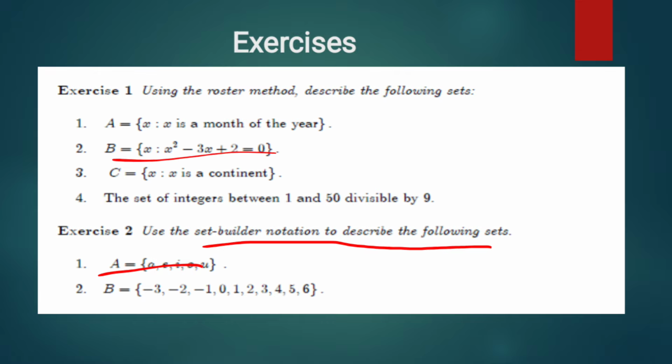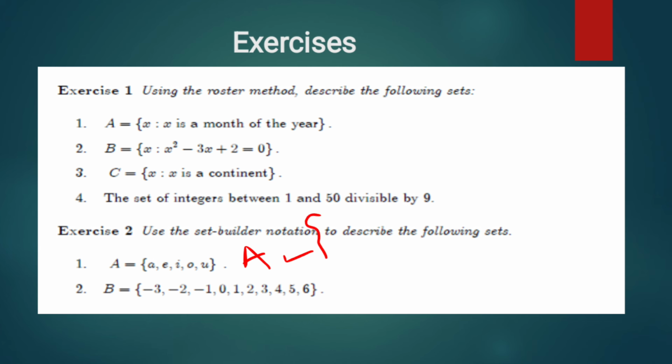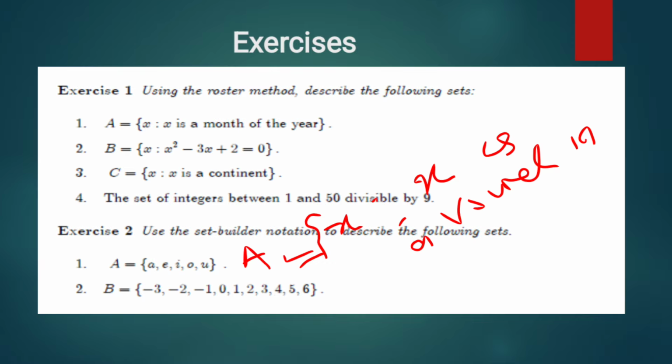So for number one, A is equal to X such that X is a vowel in the English alphabet, and then you close the bracket.